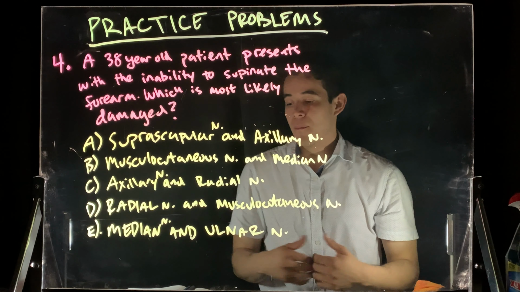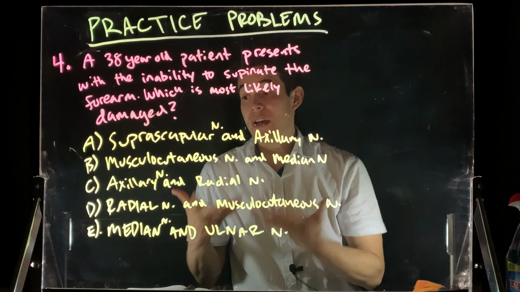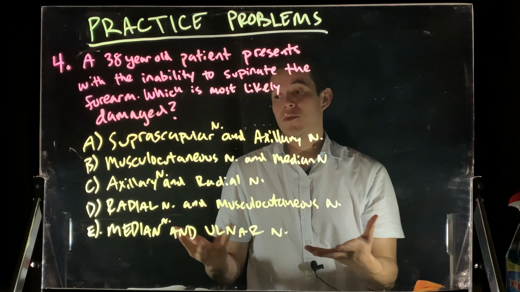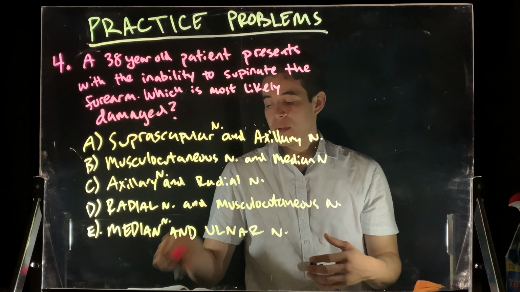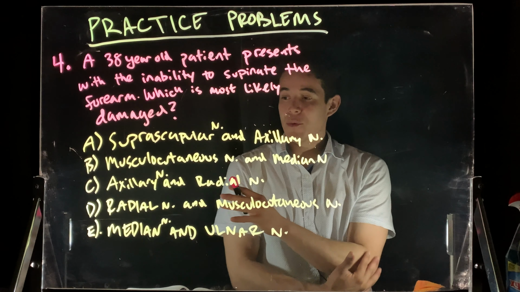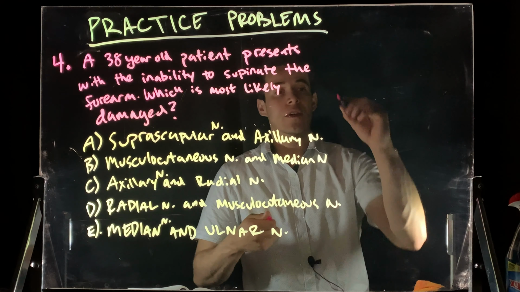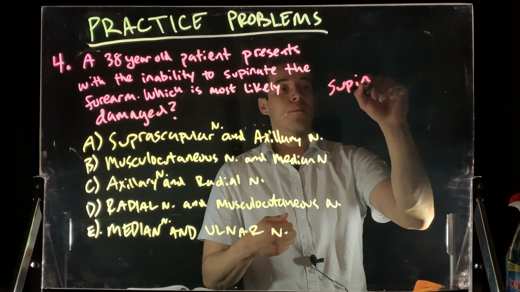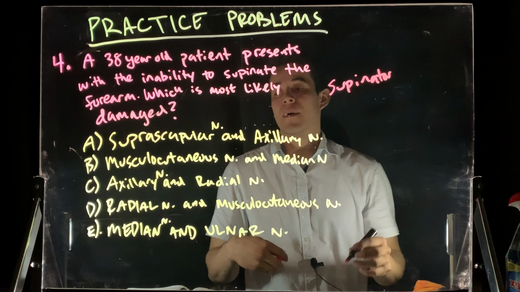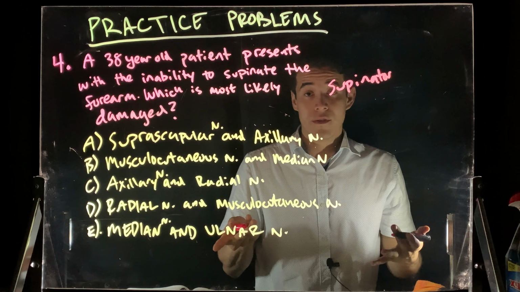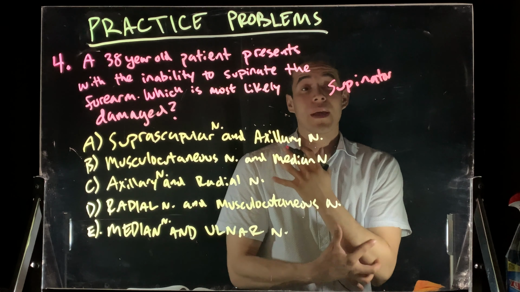So with that in mind, now we have to think of different types of innervation to those muscles that help us do those functions. So the supinator actually is a posterior compartment muscle. So supinator, if it's a posterior compartment, we know that the radial nerve innervates the posterior compartment of the arm and the forearm.